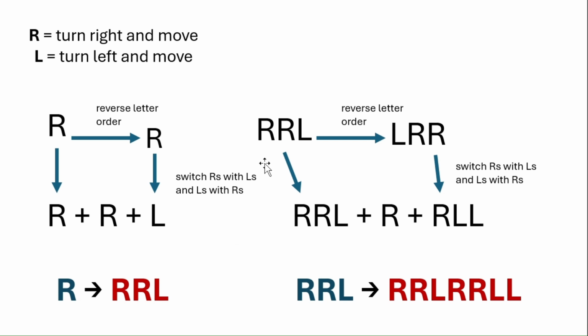If we do the second iteration, starting with RRL, we put RRL at the beginning, plus R, plus RLL. That's because RRL reversed is LRR, and the letters switched around give us RLL. So RRL becomes RRLRRLL.